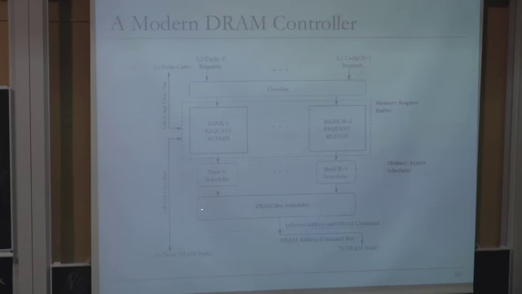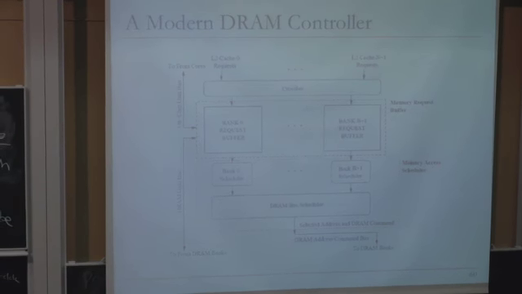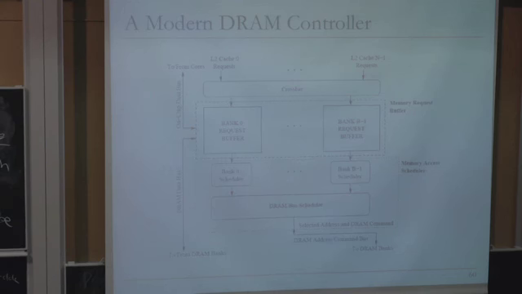One option could be the scheduler says, I know which row is open in this bank, and I'm going to find and prioritize the request that goes to that row. That could be a scheduling policy here. And if I don't have any requests that go to that row, I'm going to find the oldest request in the request buffer and schedule that. It's a very commonly used scheduling policy, although it has changed over time.